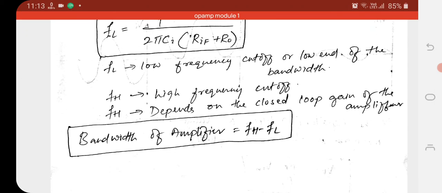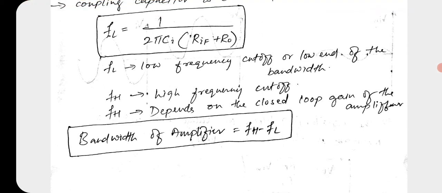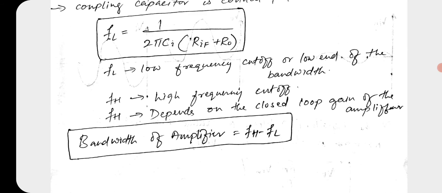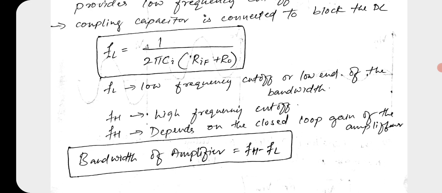You know what bandwidth is? Bandwidth of an amplifier is given by F2 minus F1, which I have written as FH minus FL, the high frequency minus the low frequency. So this is what your AC amplifier is. An AC amplifier will amplify only AC, and DC will be blocked by the coupling capacitor. That's it.